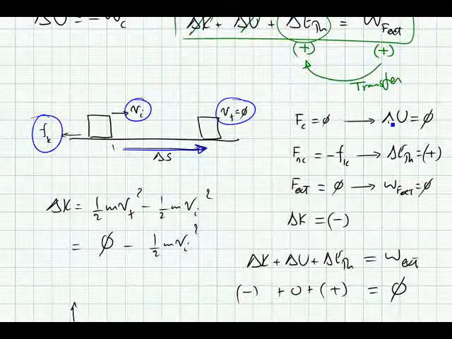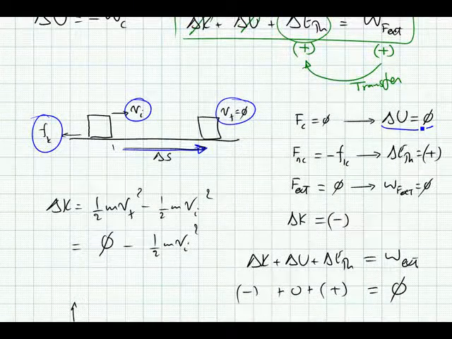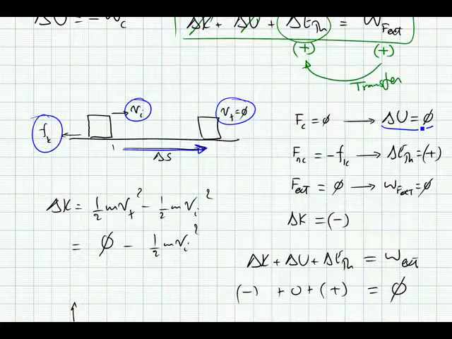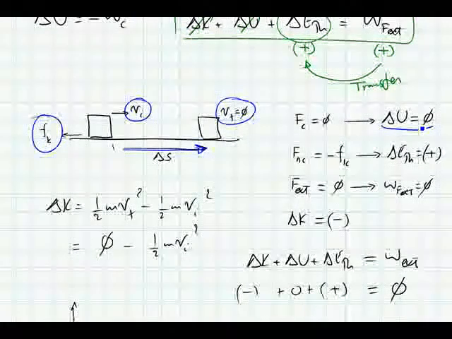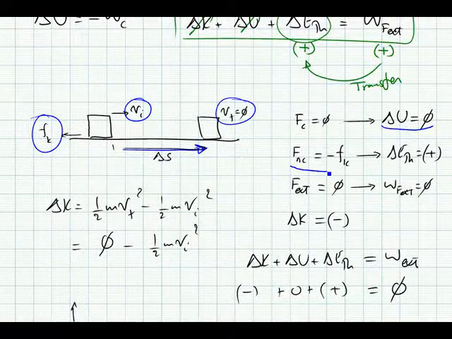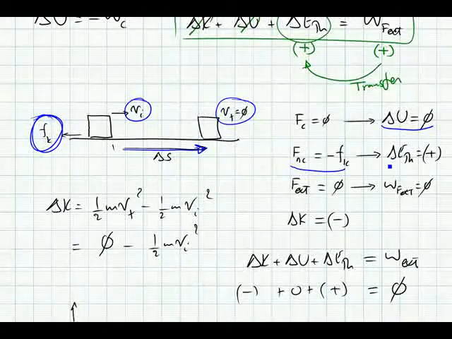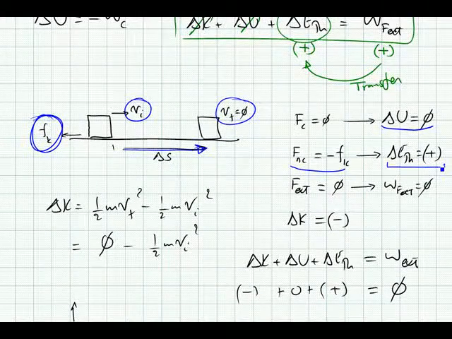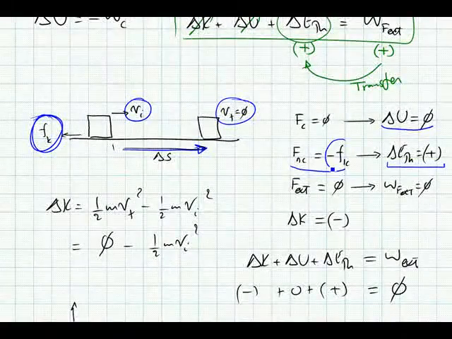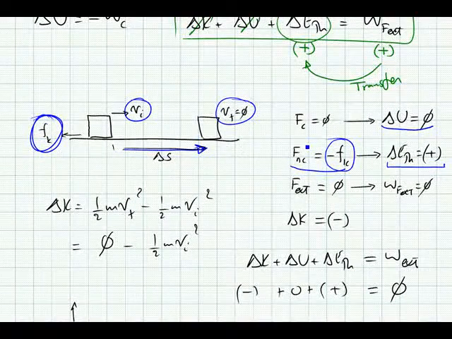So once again, there is no change in gravitational potential energy of the system, and I don't see any springs anywhere, so the change in potential energy is zero. Our non-conservative force is the friction force to the left, which means that the change in the thermal energy of the system is positive, since the work done by the friction force is negative.